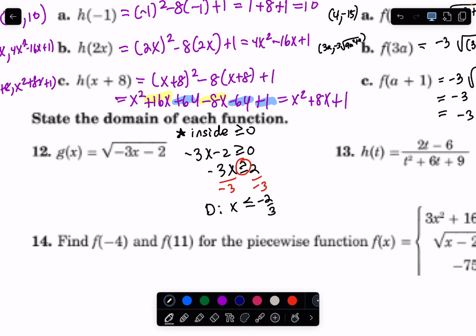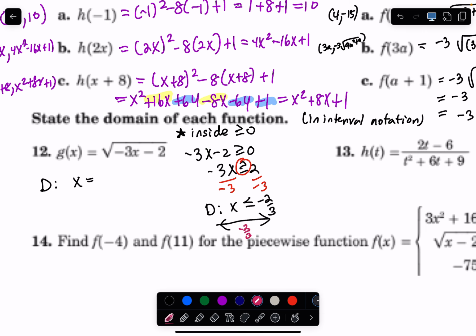Think about on the number line, this would be at negative 2/3, it would be a closed-in dot. I would shade to the left. So that's going to negative infinity. And so our interval is from negative infinity to negative 2/3. So I want the interval as an answer.